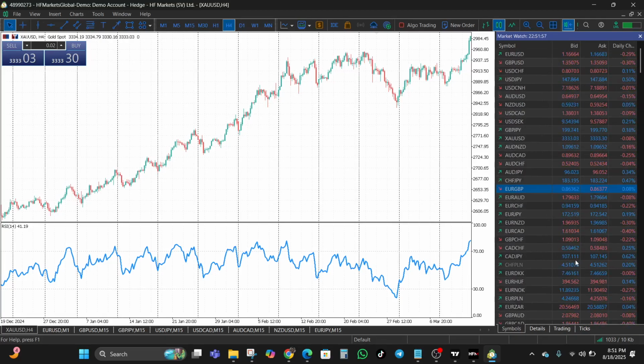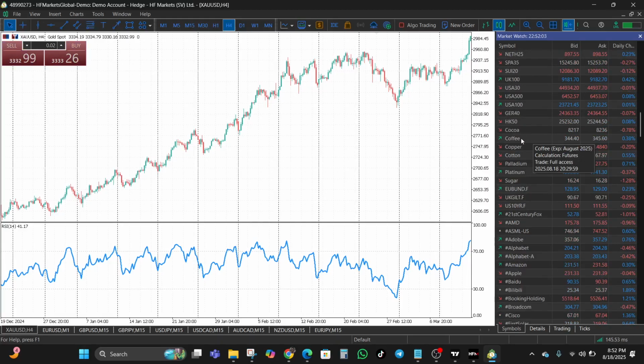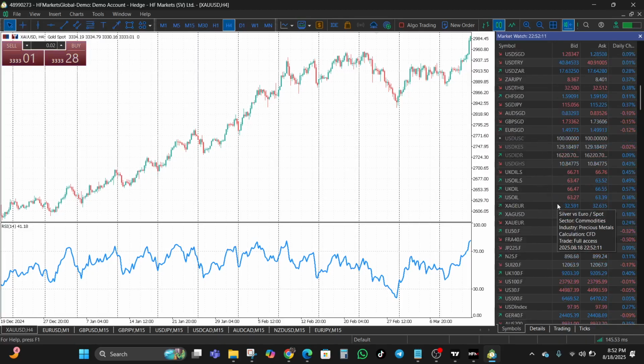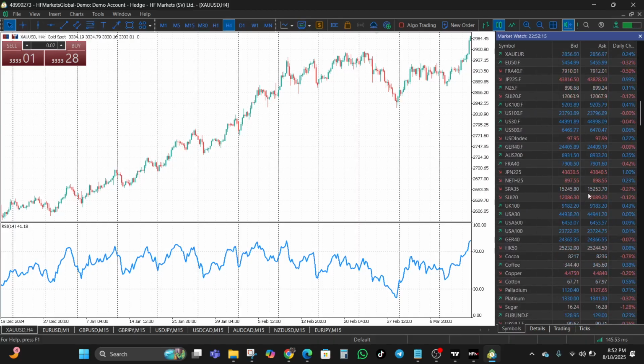Depending on the broker that you are using, you might find some commodities. You can see here we have cocoa, coffee, copper, cotton, palladium, platinum, sugar, gold, and silver. You're going to see these apart from currency pairs.